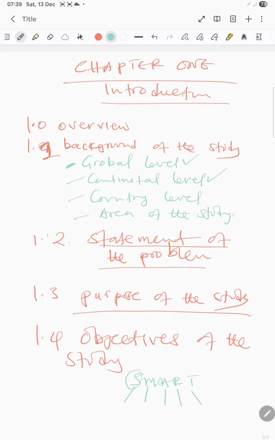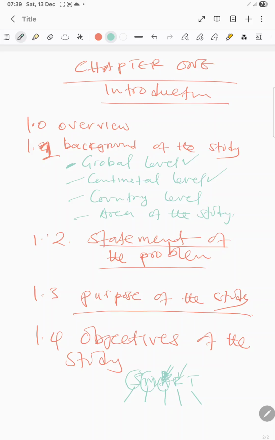So they are supposed to be specific. You should always go to the point. Measurable: you should be able to measure them in such a manner that people can easily understand once they look at your objectives. Attainable: you can easily get them. You shouldn't pick objectives that you cannot achieve. You should be able to read their literature and understand them better.